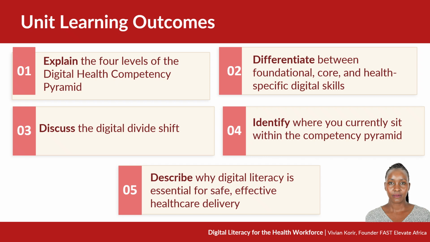By the end of this unit, you will be able to explain the 4 levels of the Digital Health Competency Pyramid, differentiate between foundational, core, and health-specific digital skills, discuss what we call the digital divide shift, identify where you currently sit within the competency pyramid, and describe why digital literacy is essential for safe and effective healthcare delivery.